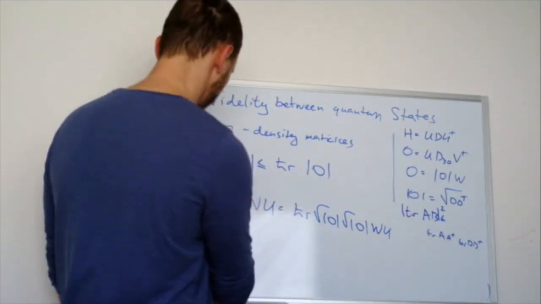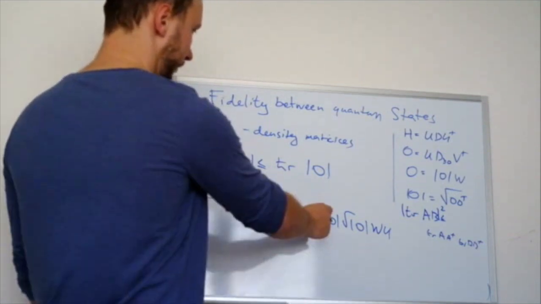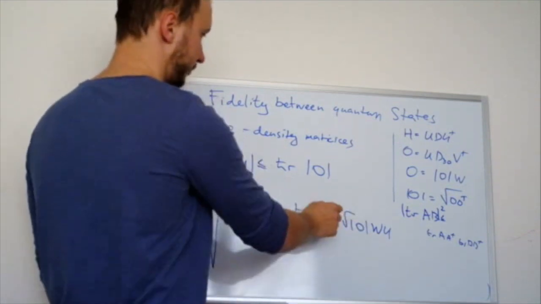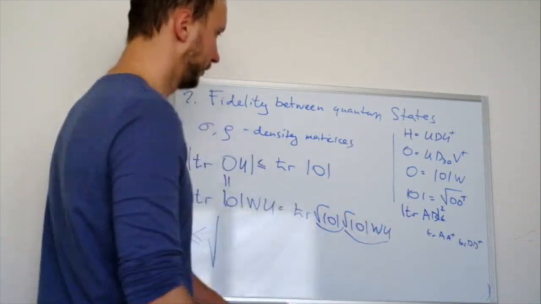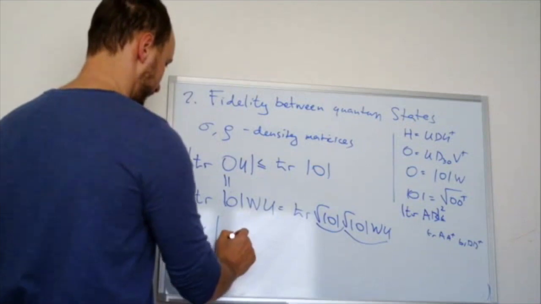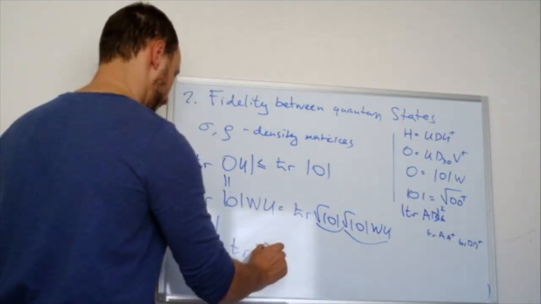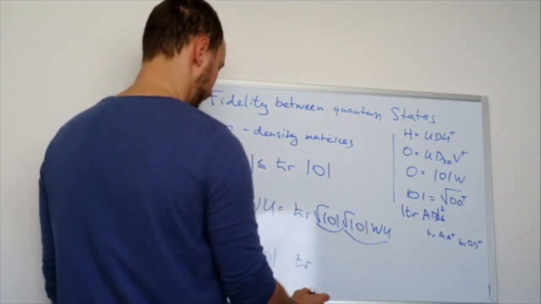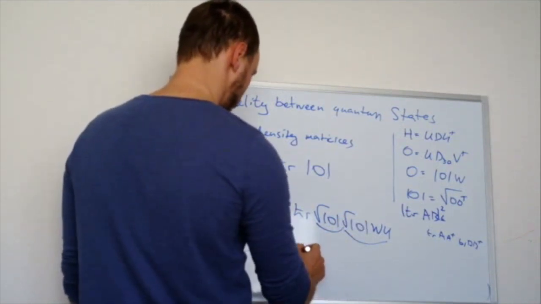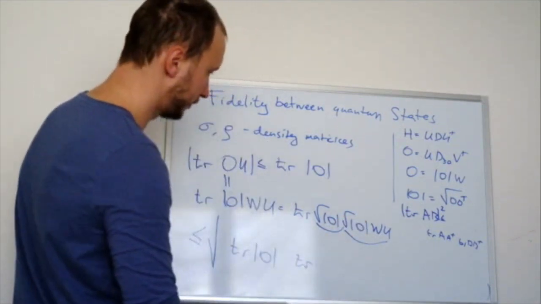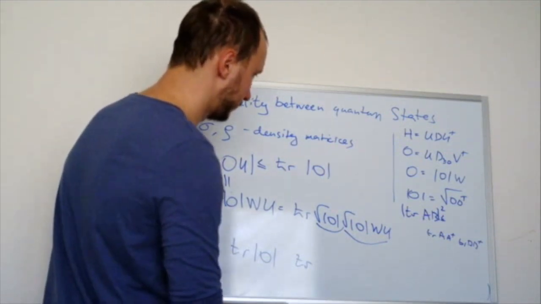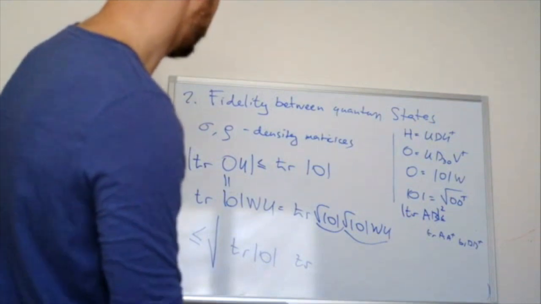Using the polar decomposition, now we use again the Hilbert-Schmidt product, which tells us that this trace, the product between these two operators, is smaller or equal than their norms, or that the trace of O times the trace of, what do we get here?